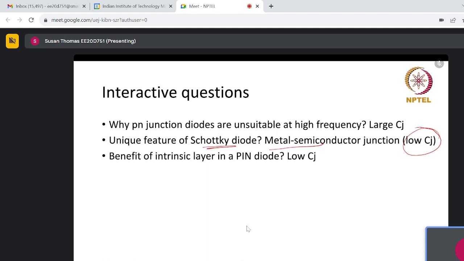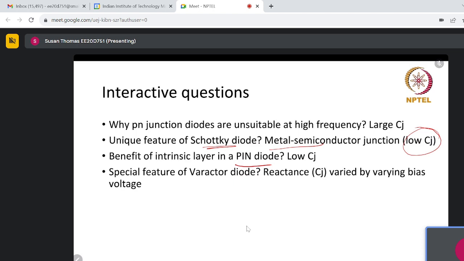The other diode we came across in this past week's content was the varactor diode. One special feature of the varactor diode, unlike the pin and Schottky diodes, is that the junction capacitance can be varied by varying the bias voltage. If you change the bias voltage, the depletion layer thickness will vary, and accordingly the junction capacitance will vary. That is the speciality of a varactor diode.